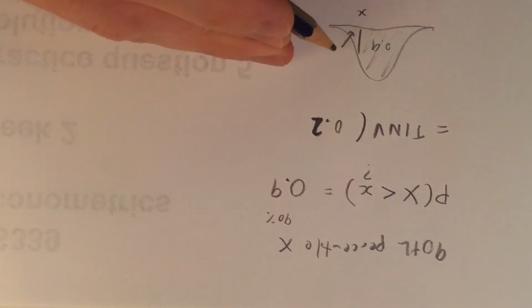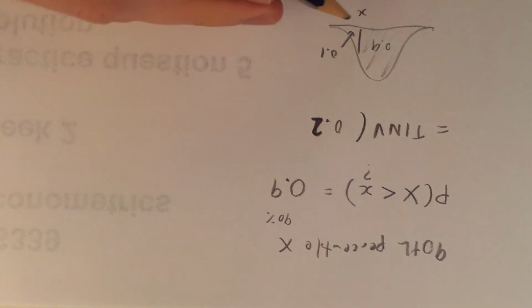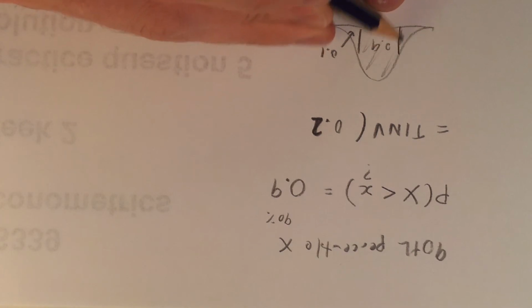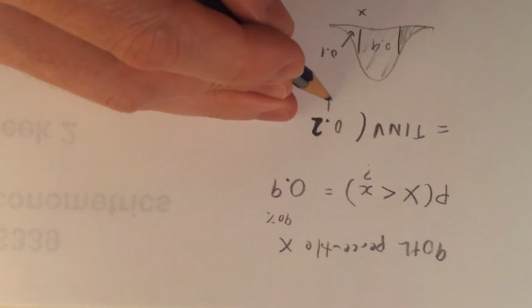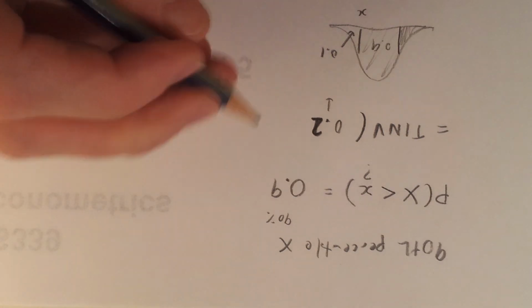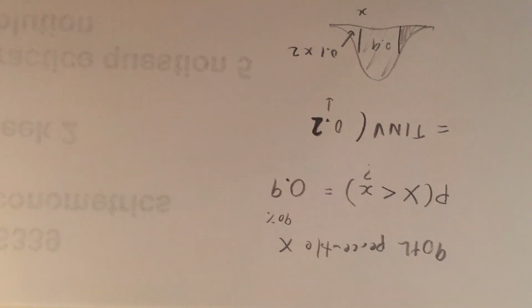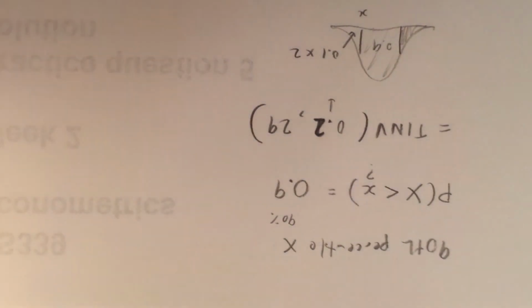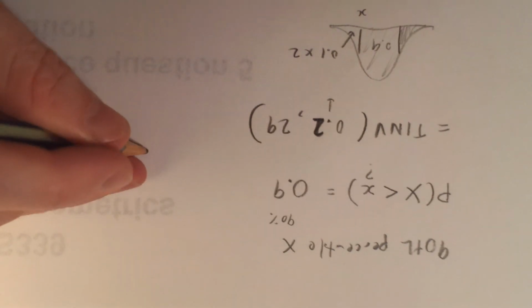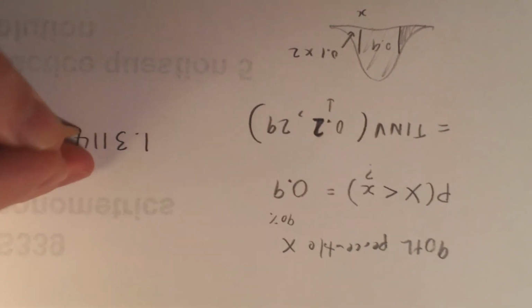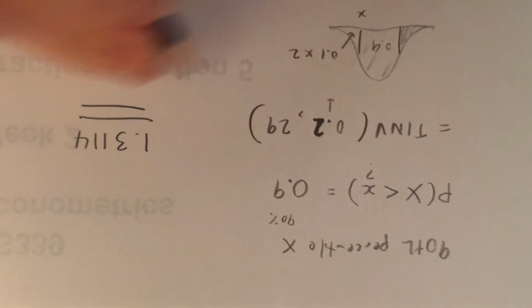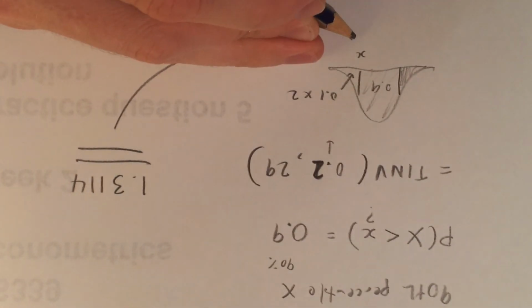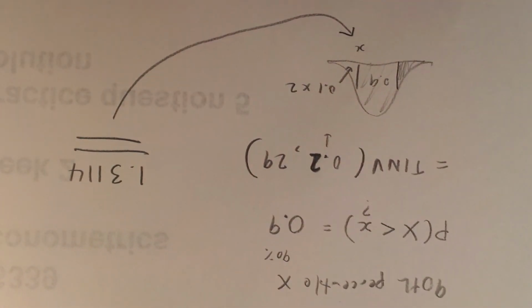That means 0.1 above, but Excel wants to know a two-tailed probability for that x value, which would be this plus the corresponding amount on the other side. So this is the 0.1 down here times two tails of that same amount. The degrees of freedom is 29, and when you put that into Excel, you should get an answer of something like this. So that x value is about 1.3.